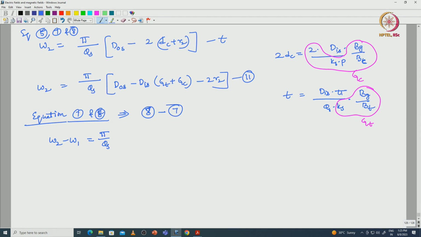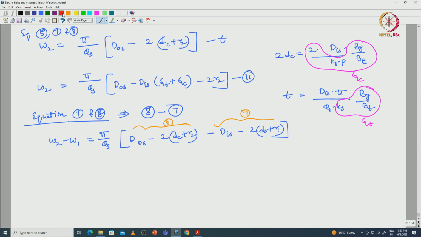Then we can see the final outcome: pi by Qs into D naught S minus 2 into dC plus R2 minus dis minus 2 into D naught plus R1. So, these terms are with respect to equation 8 and these terms with respect to equation 7.